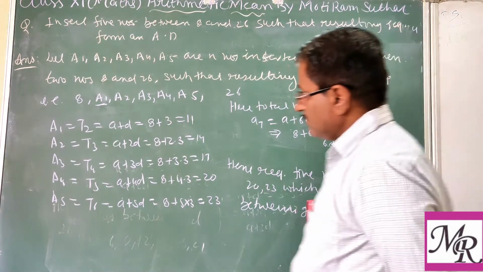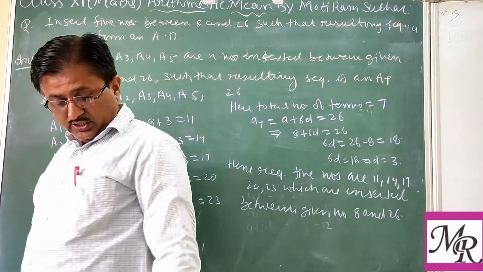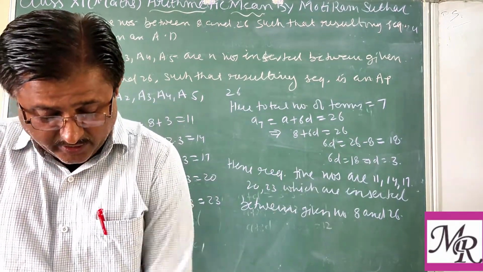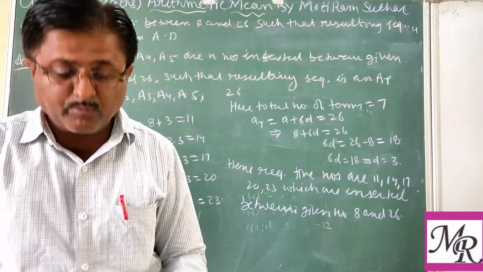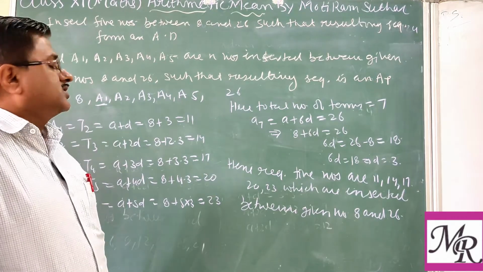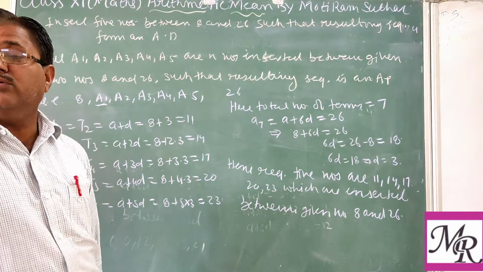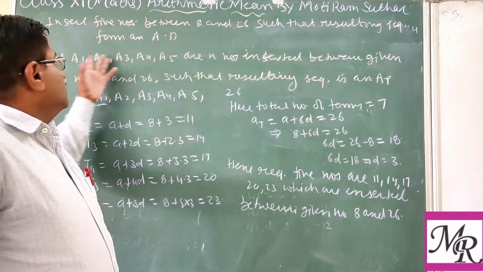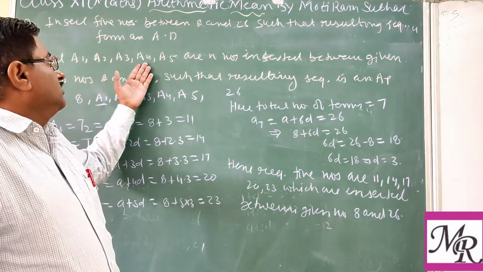Clear? So using this formula anyone can find different types of numbers, but the important thing is you have to follow what number should be inserted. First of all you have to suppose. Like here we are inserting 5 numbers, then we suppose 5 numbers, A1, A2, A3, A4, A5.